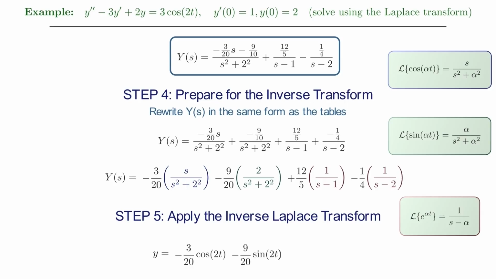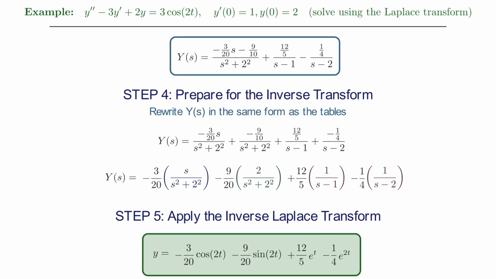So again, alpha is equal to 2. The third term, we have 12 over 5. Here alpha is equal to 1 because it's s minus alpha, and this gives us e to the power t. And then finally for the last term we have minus 1/4 e to the 2t, because here alpha is equal to 2.